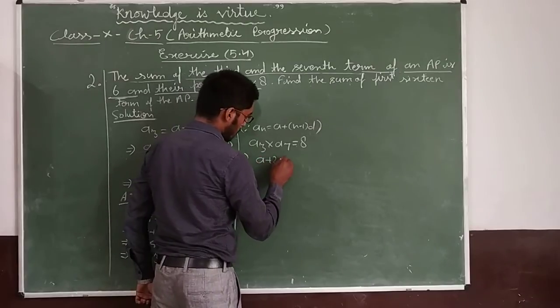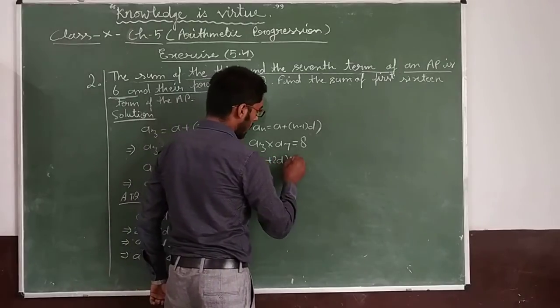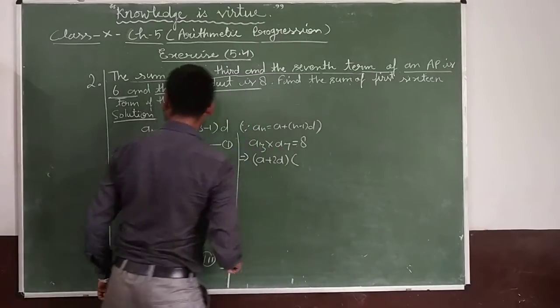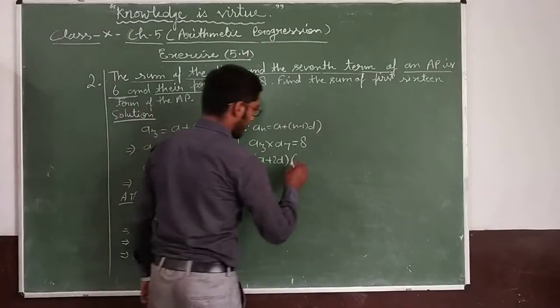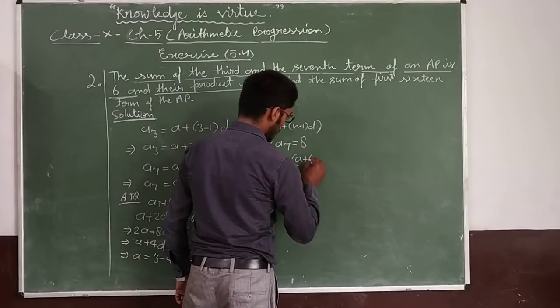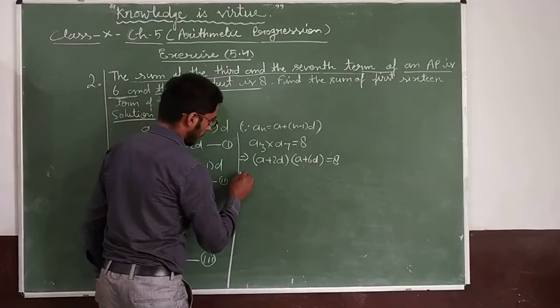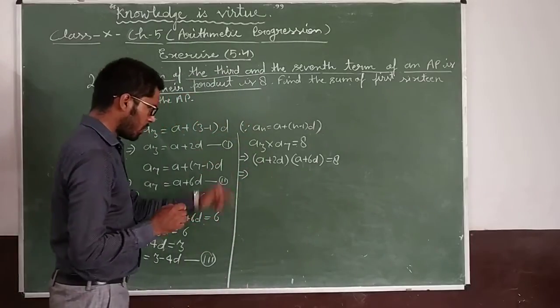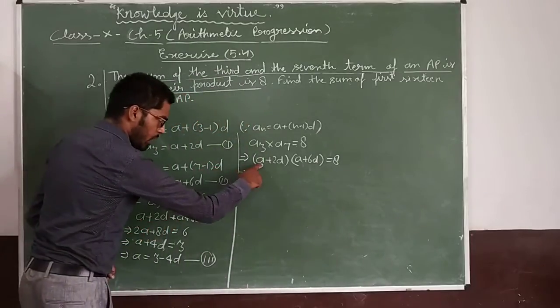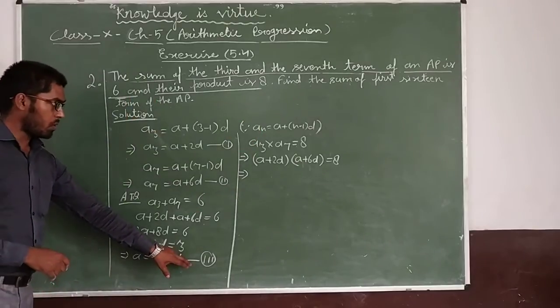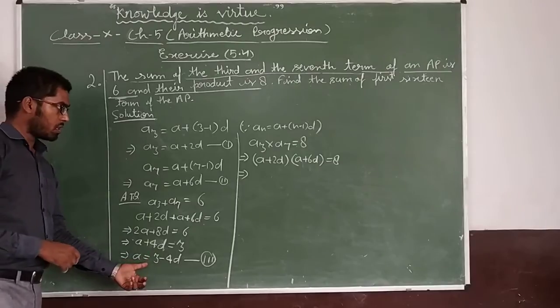A plus 2D into A7. A7 is A plus 6D, and that is equal to 8. Now, the value of A is 3 minus 4D, with the help of the equation third.